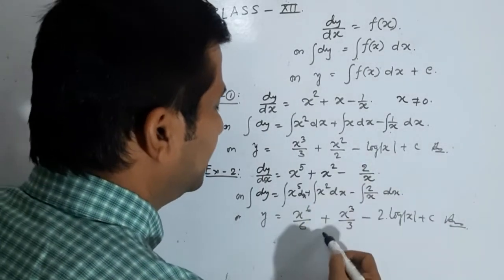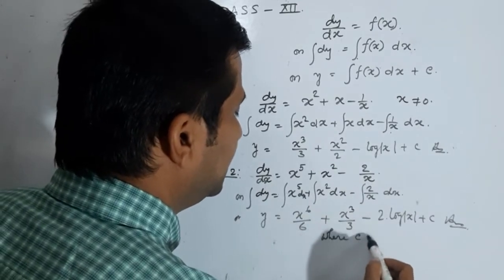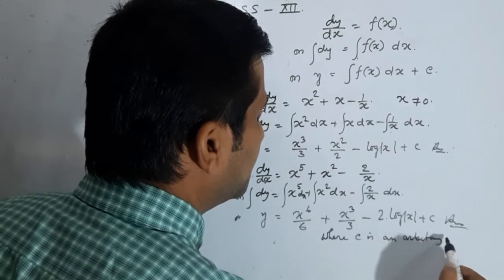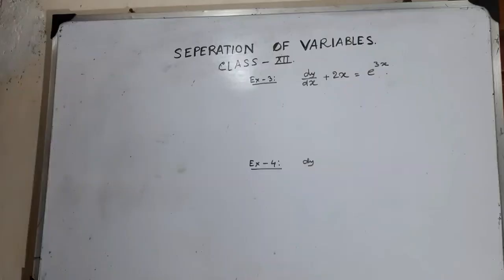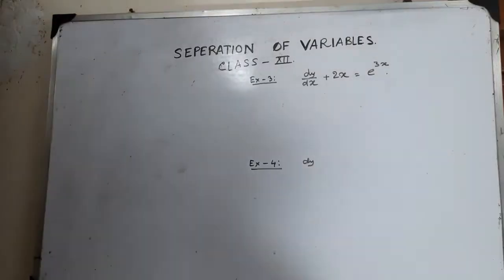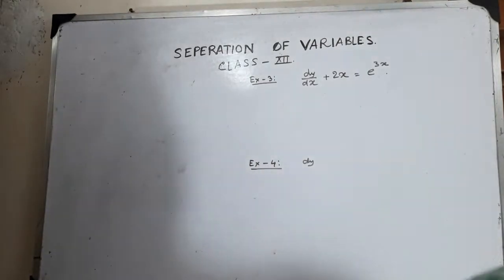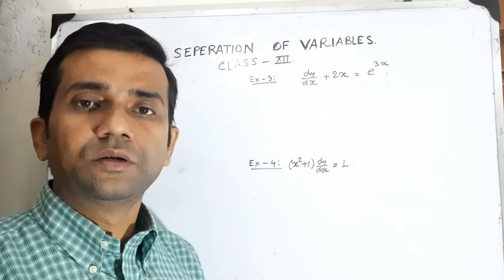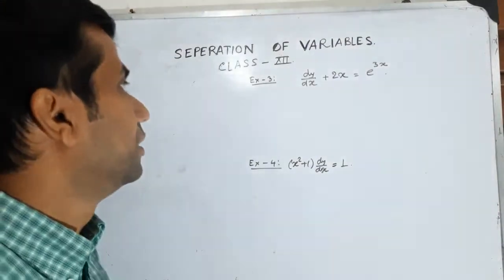You write it here where c is an arbitrary constant. I have already said to you that these problems are taken from a well-known CBSE NCERT book.